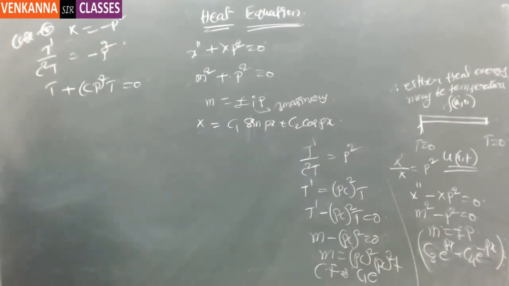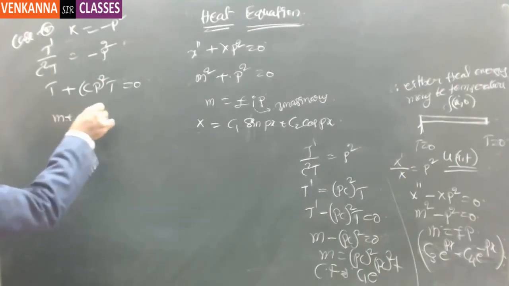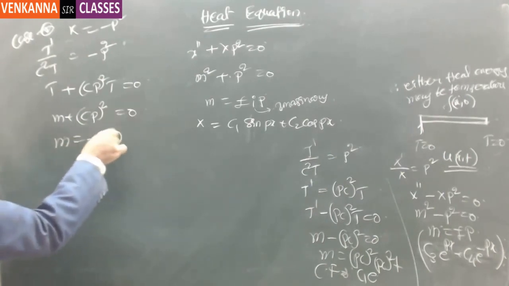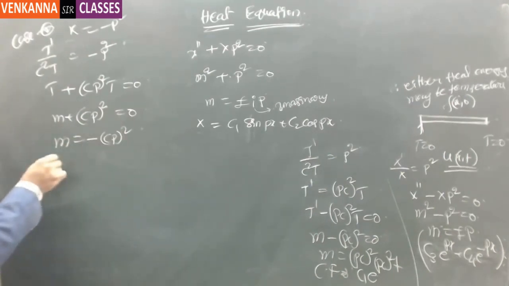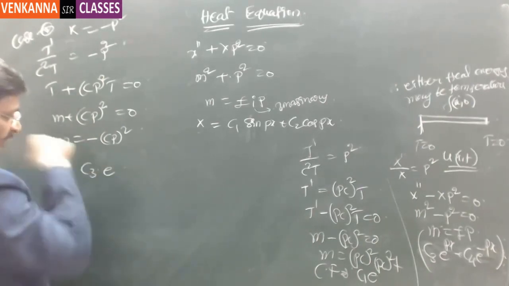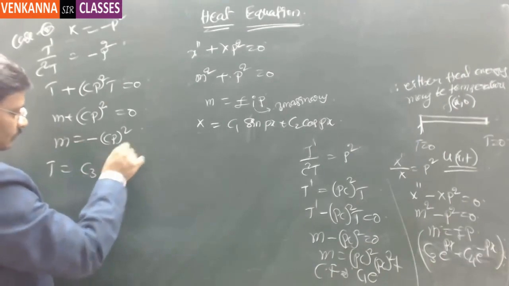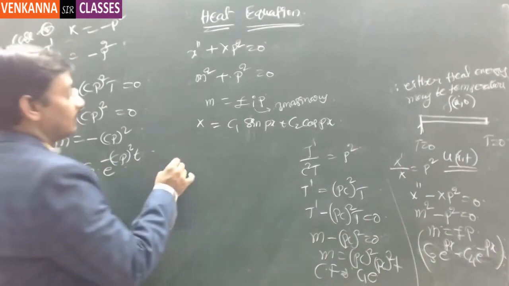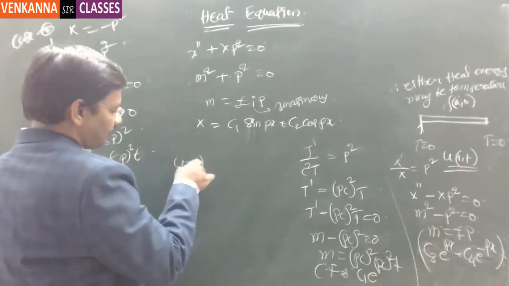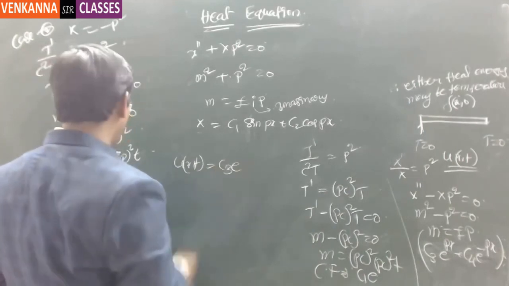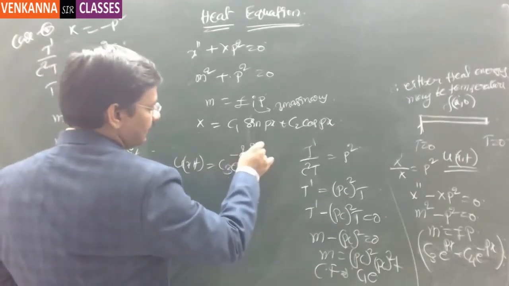In a similar manner, here m plus c square p square equal to 0, so m is equal to minus c square p square. The solution is T equal to c3 e power minus c square p square t.